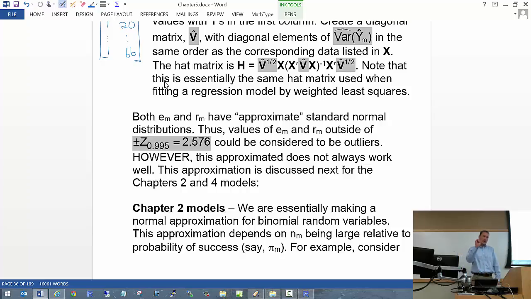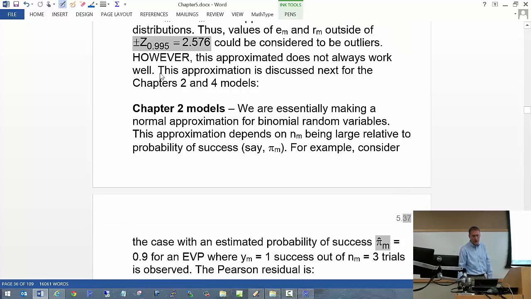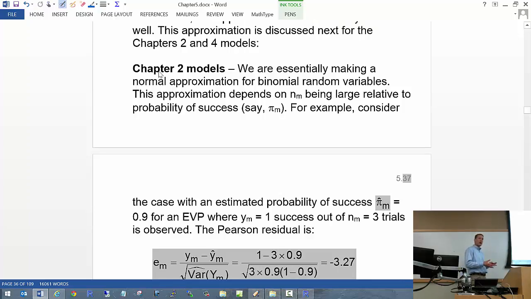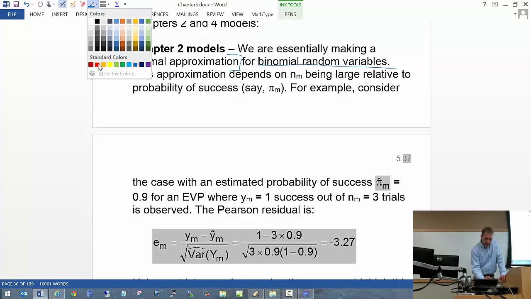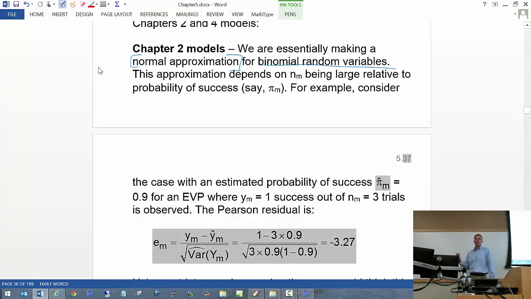Here's why. I broke this up into chapter 2 and chapter 4 models. Chapter 2 means we're dealing with a Bernoulli or binomial response. What we're essentially doing in a logistic regression setting is a normal approximation to binomial random variables. After all, what are we observing? We're observing the number of successes out of a particular number of trials. How well this approximation does depends upon how many observations you have for a particular explanatory variable pattern and what the probability of success is.